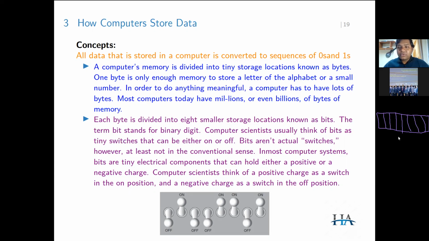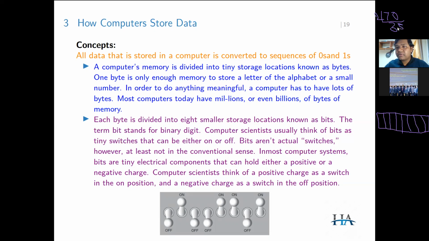Now, if I want to store a number, let's consider 70. What do we have to do? We have to get its binary number.